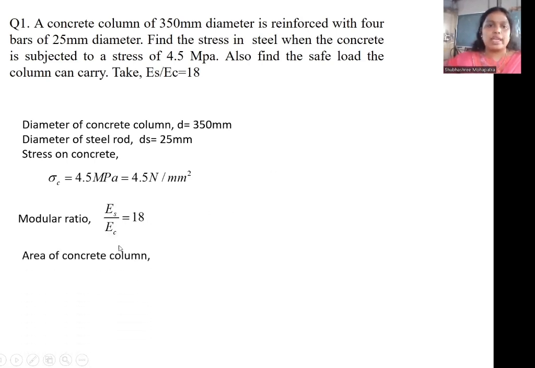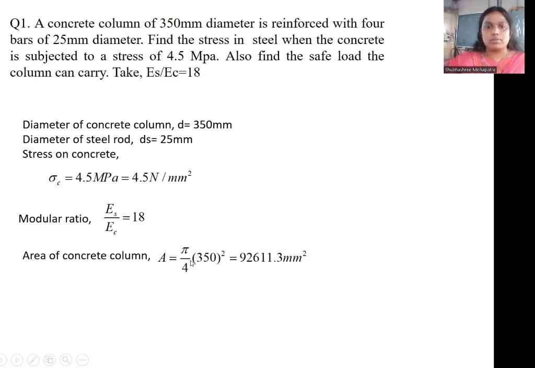Then we have to find the area of the concrete column. Area is nothing but pi by 4 d square. Pi by 4 where the diameter is 350 mm, we get this value. Then the area of the steel rods: here we have 4 steel rods, 4 bars.